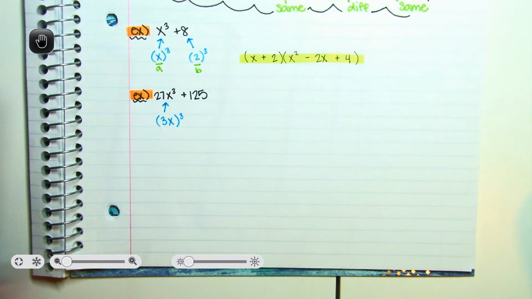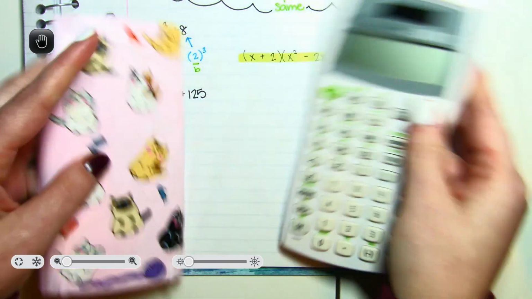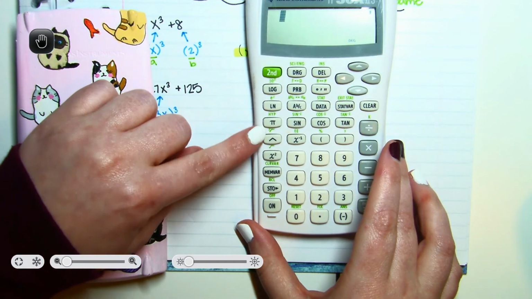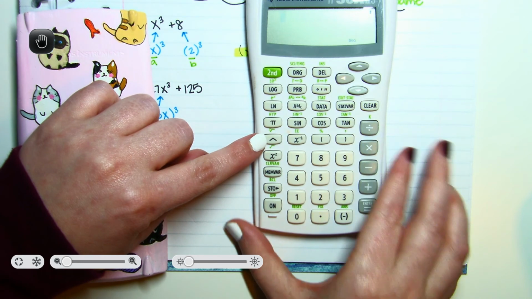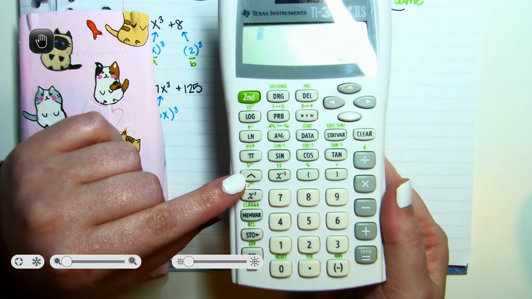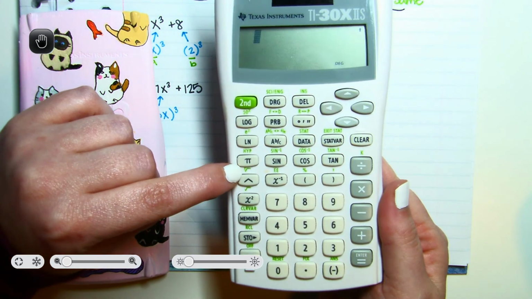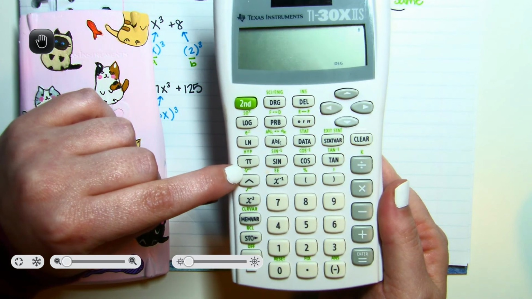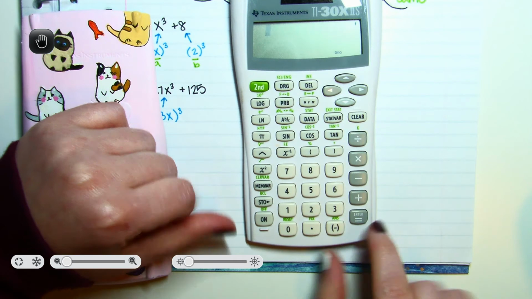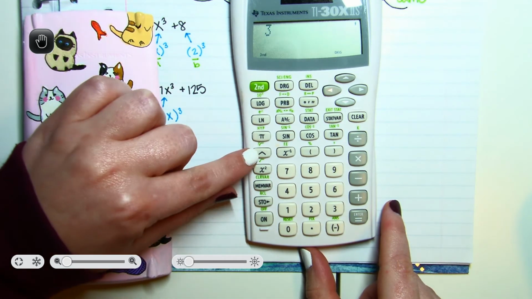Now, if you have a scientific calculator, that's this kind. On this calculator, you have a button on your little up arrow caret. If you have a different model of scientific calculator, it might be somewhere different, but it's the up arrow. My color is green, so it's a little tiny x with the radical. So that means you're going to use the second button. So if I'm finding the cube root, I will type in 3 and then second and that button.